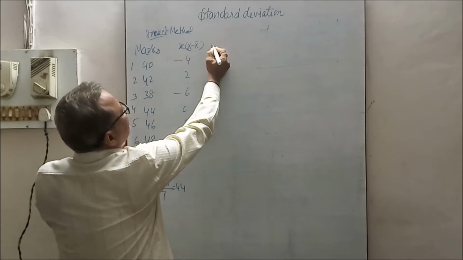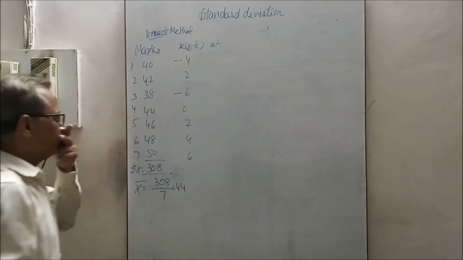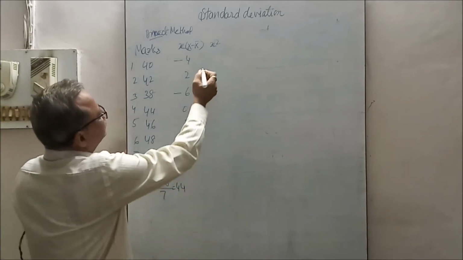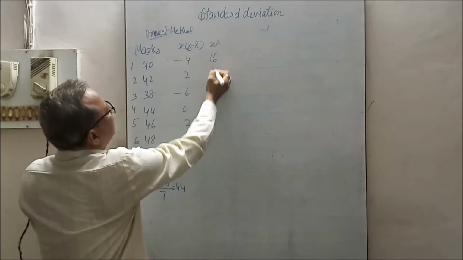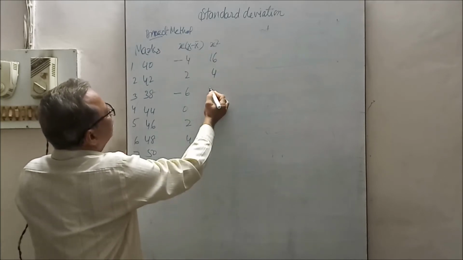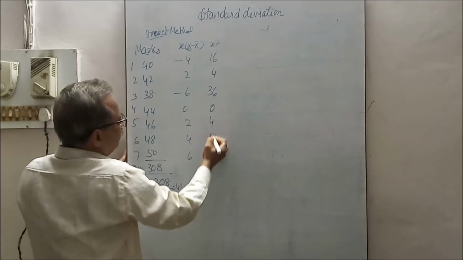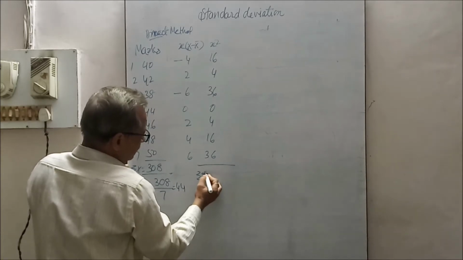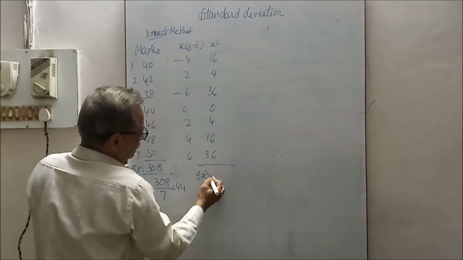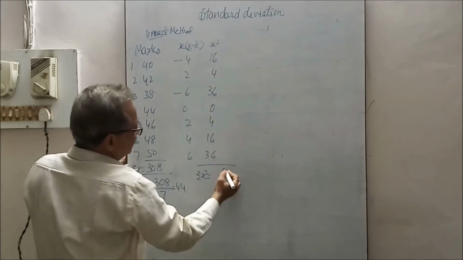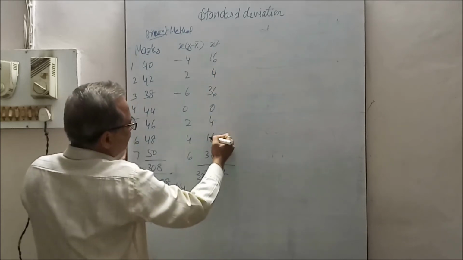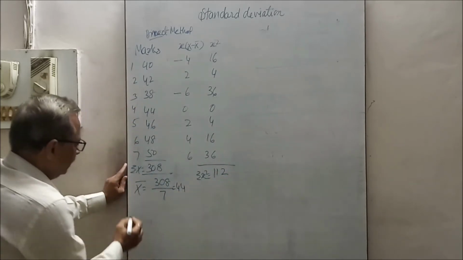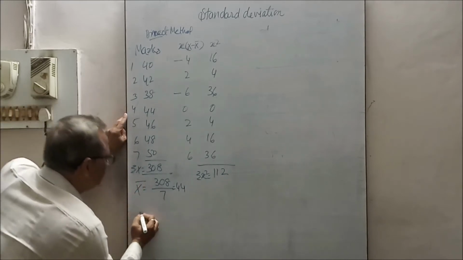Then find the x square: 16, 4, 36, 0, 4, 16, 36. Total it. It is 112.